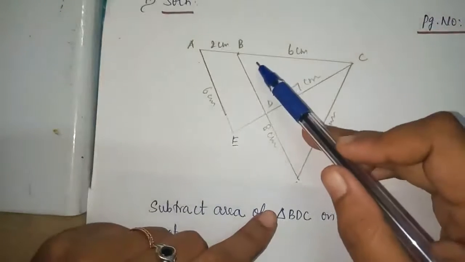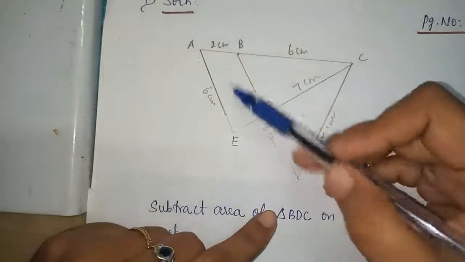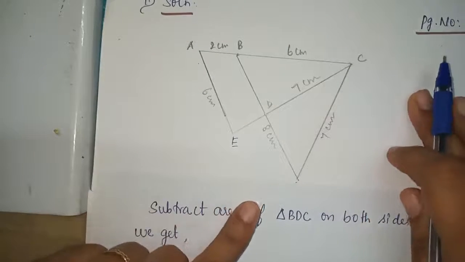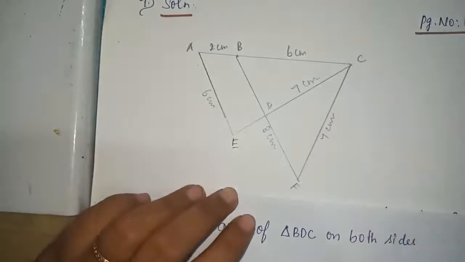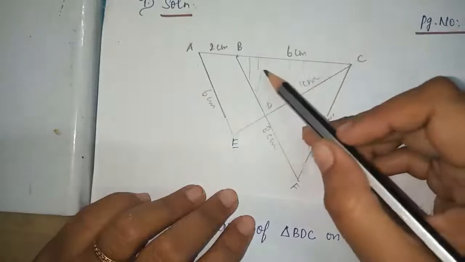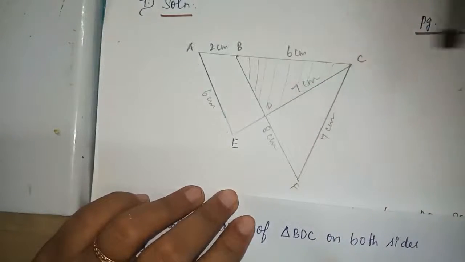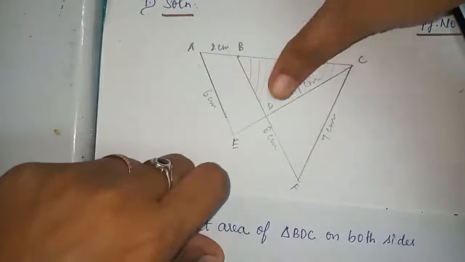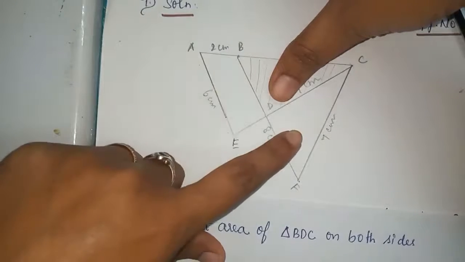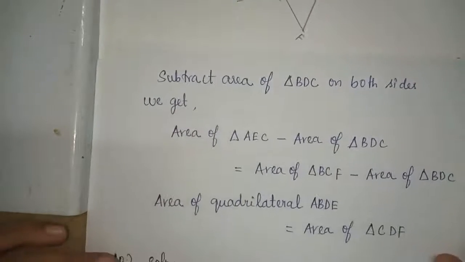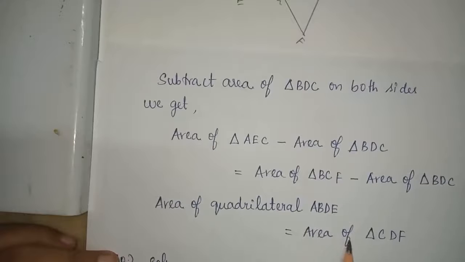So imagine that we have eliminated this part, then we get a quadrilateral which is equal to area of triangle CDF. Can you imagine that, without seeing this, you can see a quadrilateral and a triangle. If we subtract this from the figure, then this quadrilateral and this triangle will definitely be equal. Therefore that's what we proved, that area of quadrilateral ABDE is equal to area of triangle CDF.